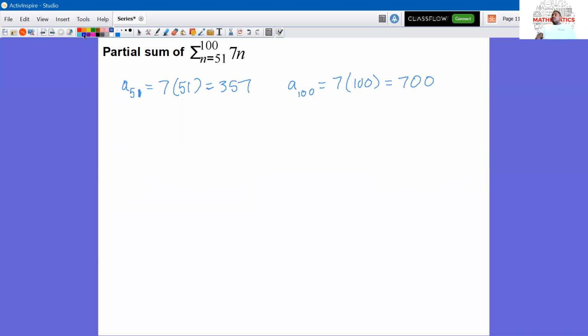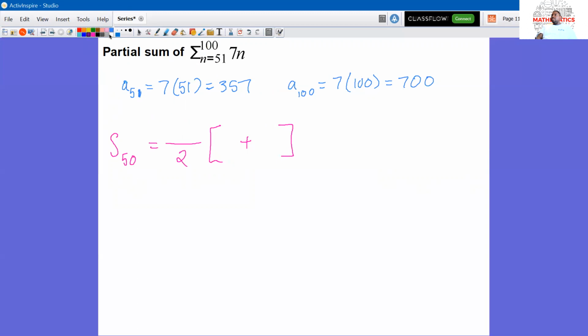And so the formula we want to use is S50, and that's n over 2 times A51 plus A100. We're going to add these two together. There are 50 terms, right?